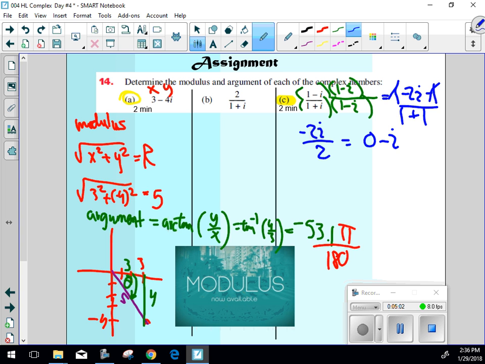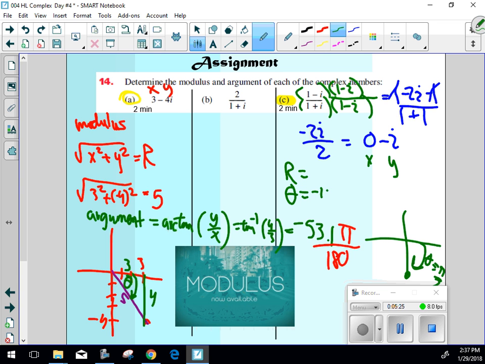Yep. So x is equal to 0 and y is equal to -1. Now you should be able to find r and find theta. By the way, I draw a picture of that. 0, -1. What's this angle? Yeah, it's -pi/2. Good.